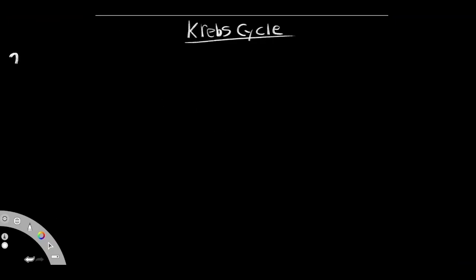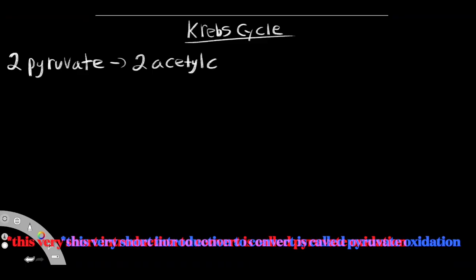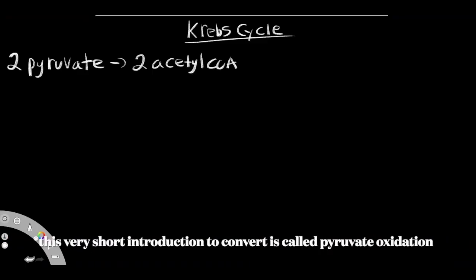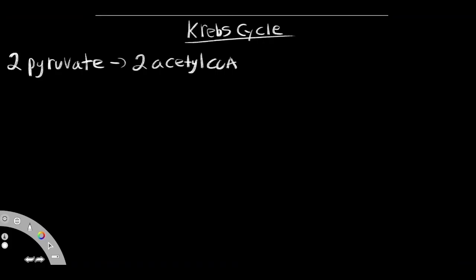So you remember from the previous video, we ended off with two pyruvates at the end of glycolysis. And provided that we have enough oxygen, which we assume is in plentiful amount, we create 2 acetyl-CoA, or coenzyme A. So let's say this pyruvate is illustrated by these three carbon molecules for simplicity.